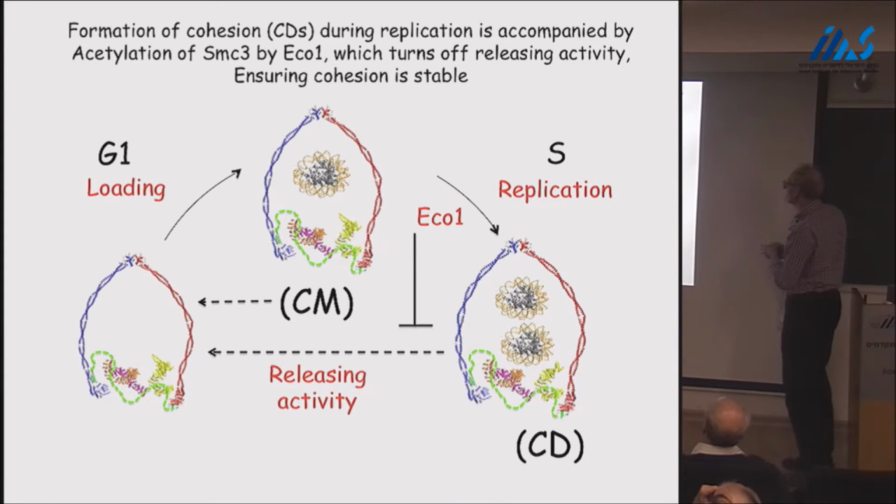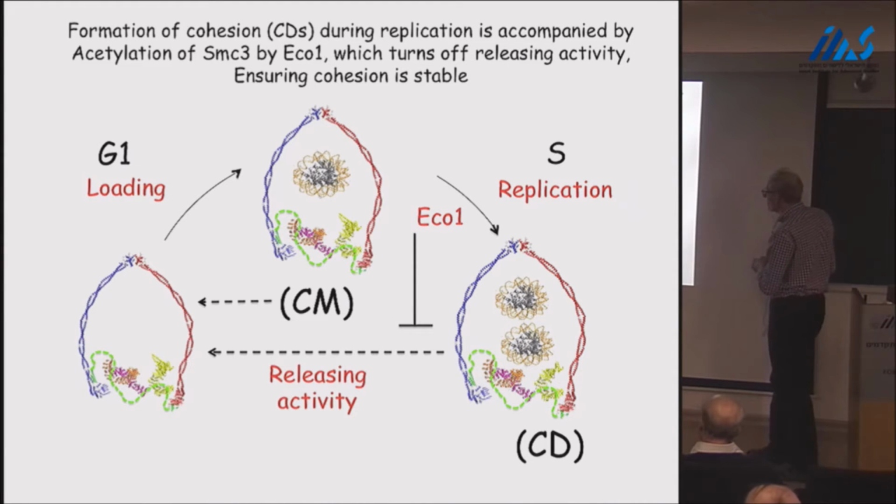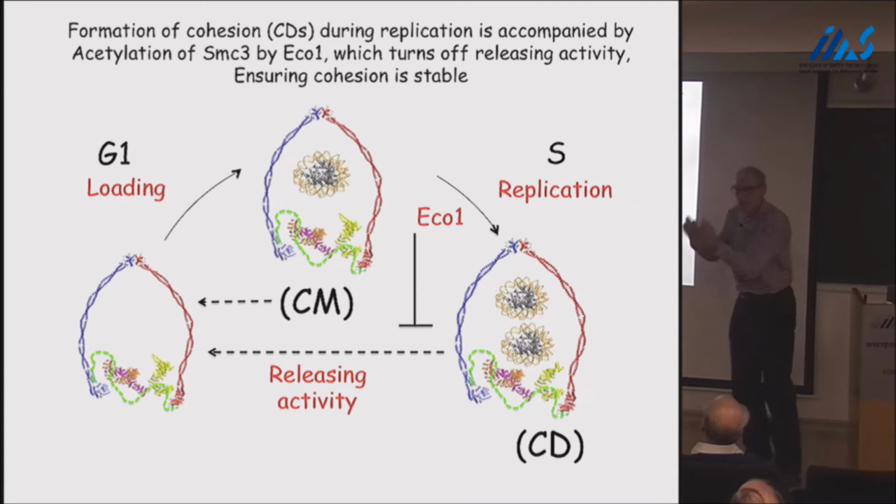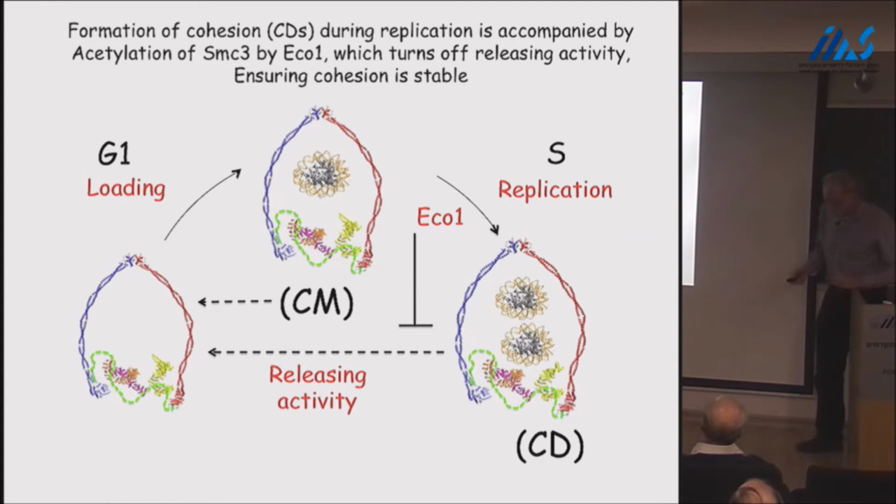Well, what happens is that the generation of these structures at DNA replication is accompanied by the acetylation of SMC3 by this acetyltransferase called ECO1. During replication, at least in yeast, it gets acetylated, and what that does is it shuts off this releasing activity, so that once you're acetylated, you can no longer be released. Okay, so the releasing activity is shut off by acetylation. In you and me, you need acetylation plus another protein called sororin, but don't worry about sororin. Yeast doesn't have it, so it's not important.